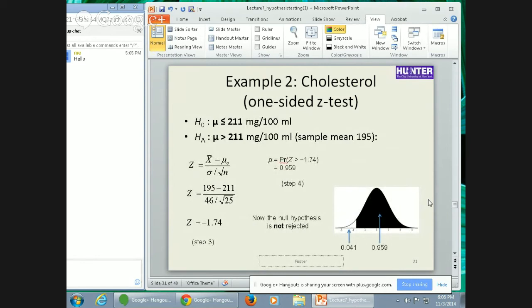But you can see it's very formulaic here. It involves figuring out what your sample mean is, what your mu naught, your mean under the null distribution is, calculating your test statistic, getting from that a p-value that you can look up in a table or use software to calculate, and then deciding whether or not to reject the null.